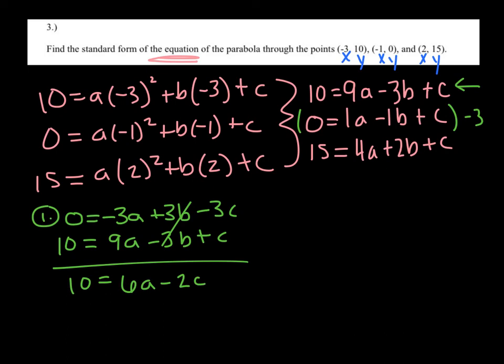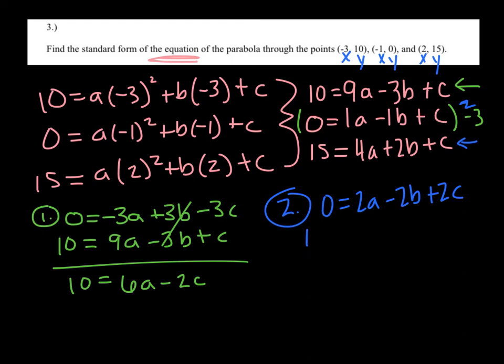Alright, let's see here. I can, again, use that same equation. And this time, I'm going to multiply it by 2 to eliminate with this equation. So we'll get 0 equals 2a minus 2b plus 2c.